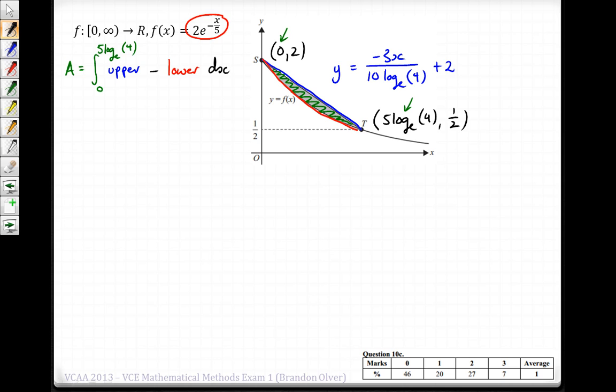So that's how we're going to find the area of the green.